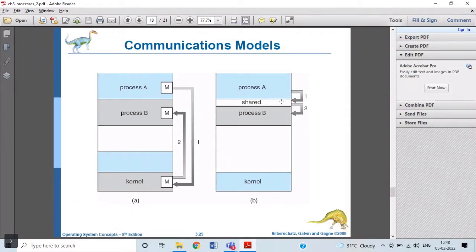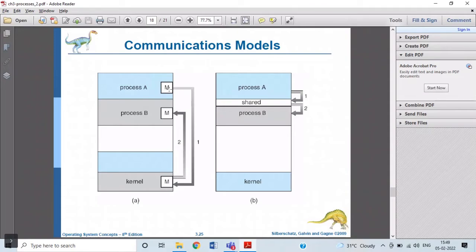This is the memory which will be shared by both process A and process B. In the message passing model, process A communicates the message to the kernel, and in turn the kernel will pass the message to process B.